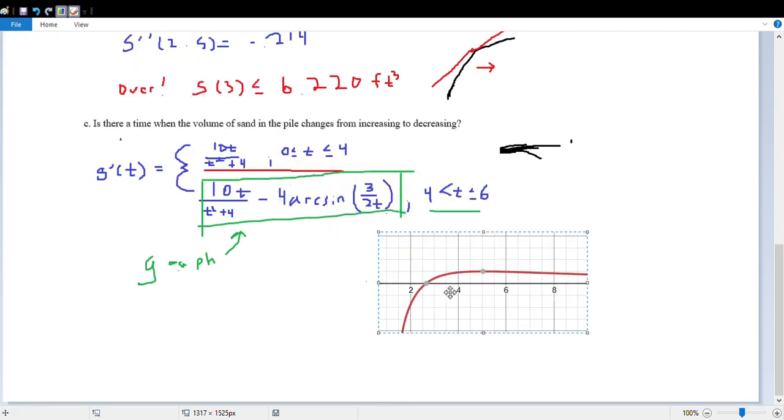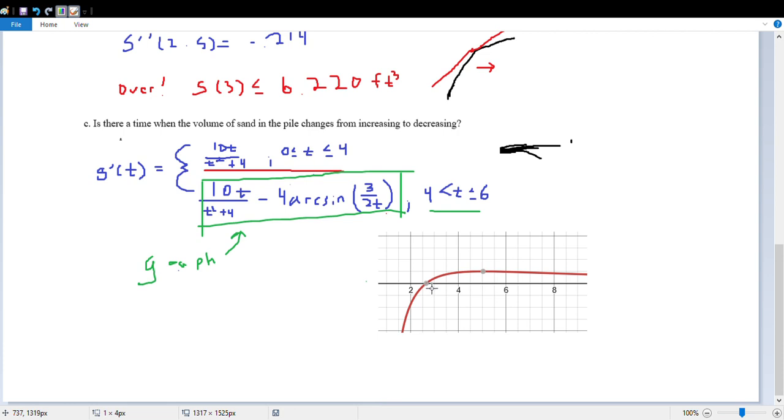And I think you can see that there's not a point from 4 to 6 where that's going to happen, because the derivative is never 0 there.